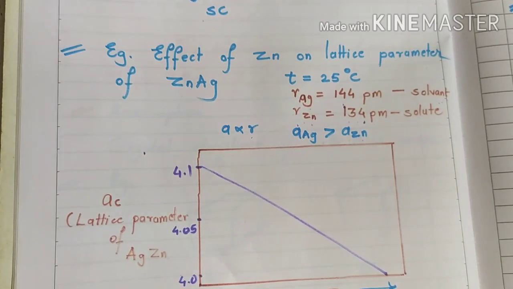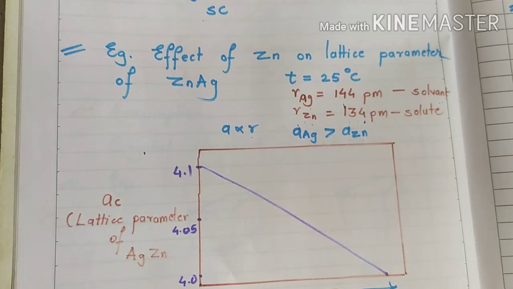Ag has radius 144 picometer while Zn has radius 134 picometer. What we understand is the solute has a smaller radius than that of the solvent. What does the solvent-solute combination mean? It means that we have taken pure Ag and we are increasing the percentage of Zn gradually in it.